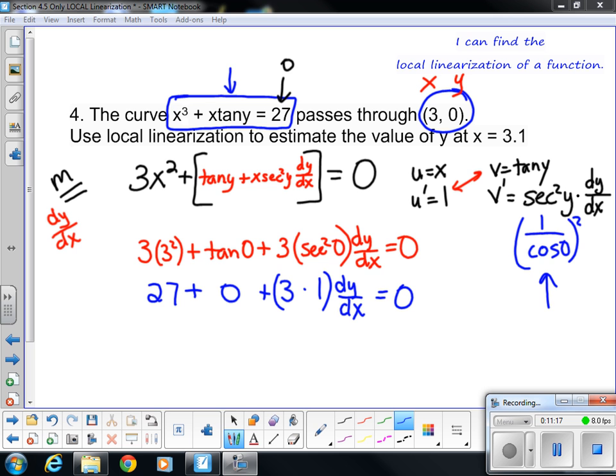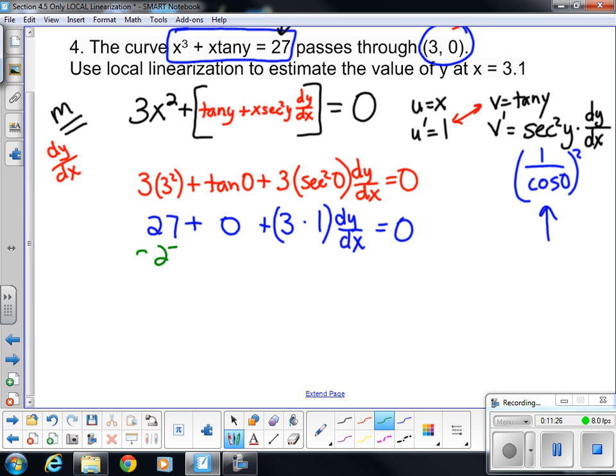Now we need to get this dy dx by itself. So in order to do that, let's subtract 27 from both sides. It's a minus 27. And then we can divide by 3. And that leaves us with dy dx equals negative 9.